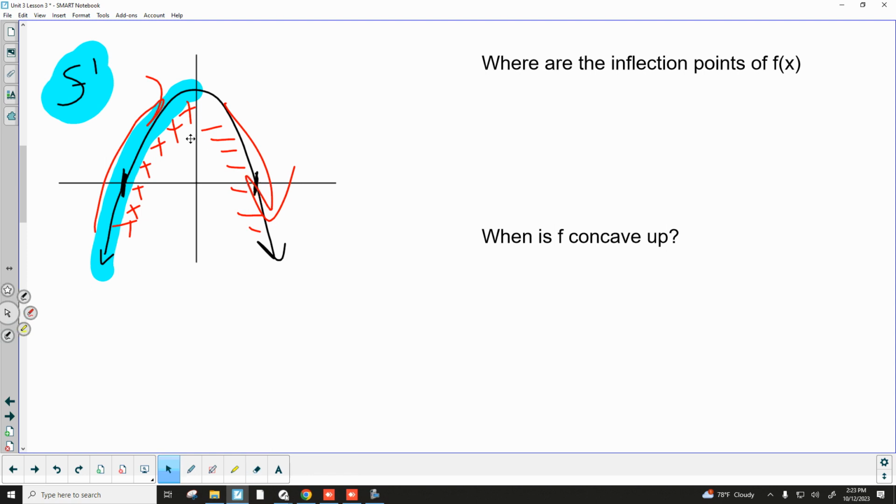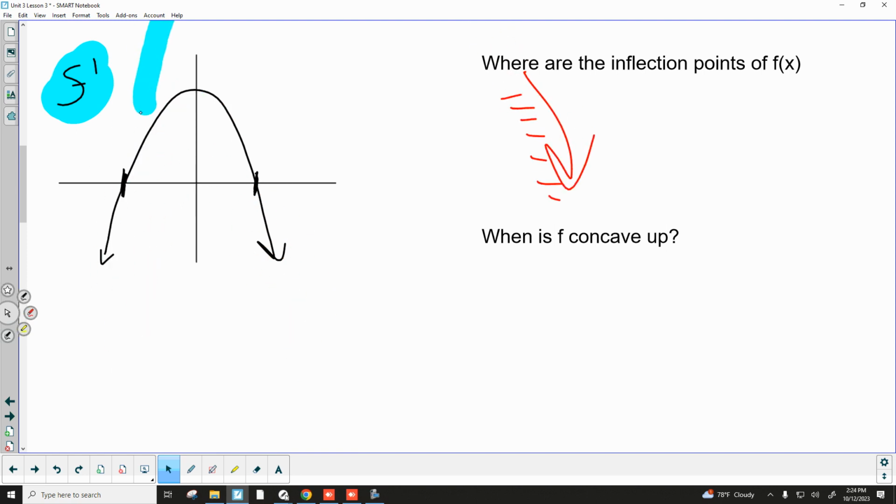If this is F double prime, could you answer these questions? When is your graph of F concave up? When is F having points of inflection? We're back here, but I'd change that to F double prime and ask you the same question.